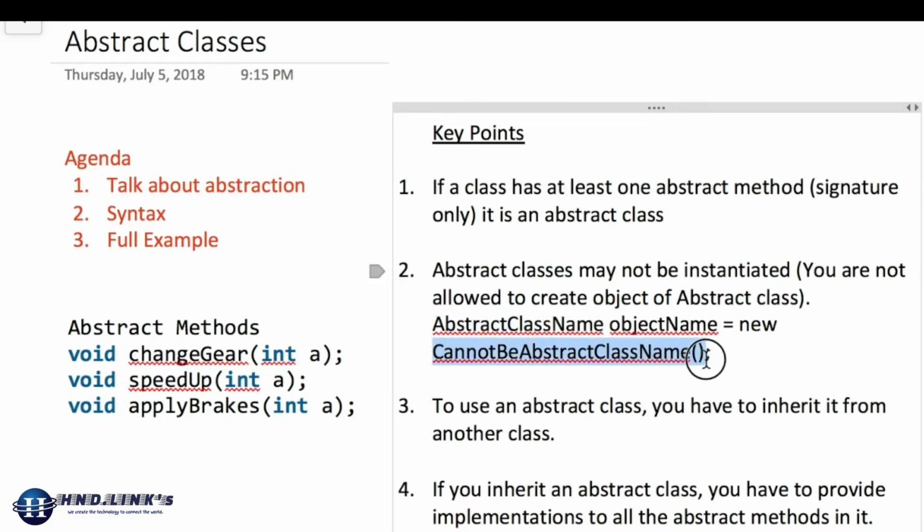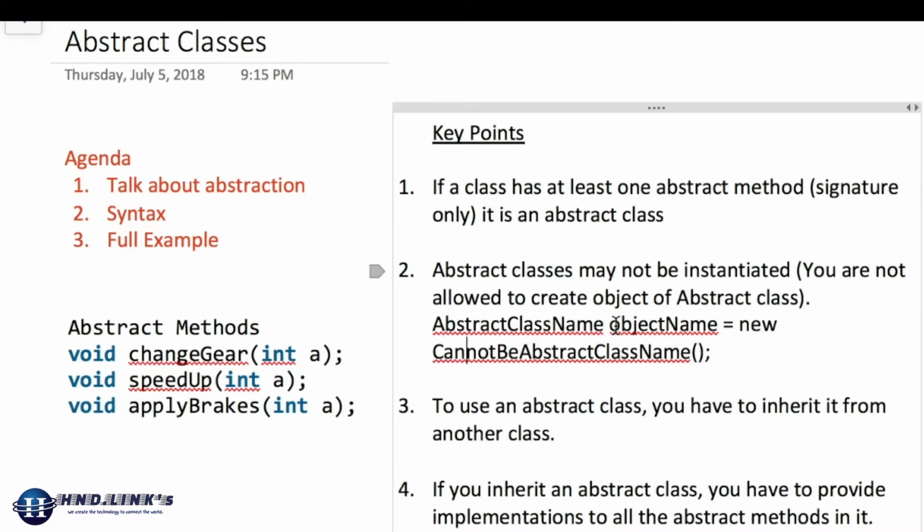And if you think about it, that makes sense, because if you could create an instance of an abstract class, then when you call an abstract method, like object name dot abstract method, it wouldn't work because there is no implementation for that abstract method. That's why you cannot create an instance of an abstract class.